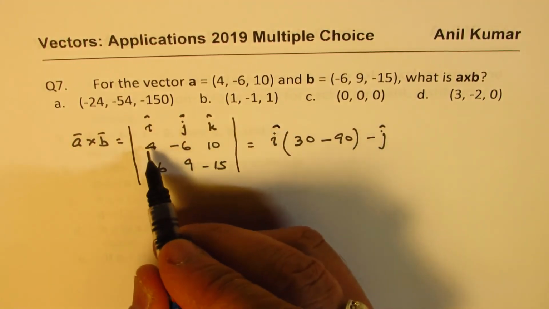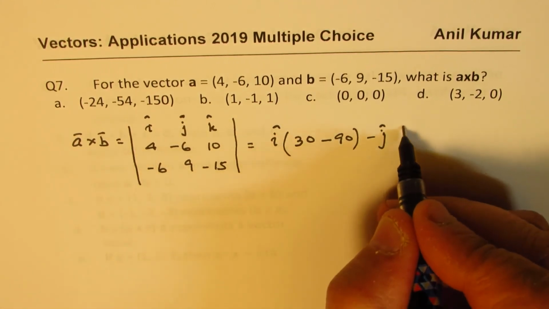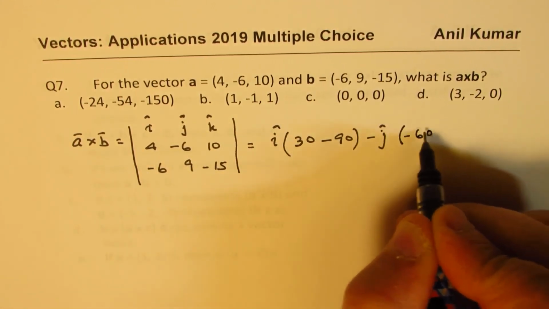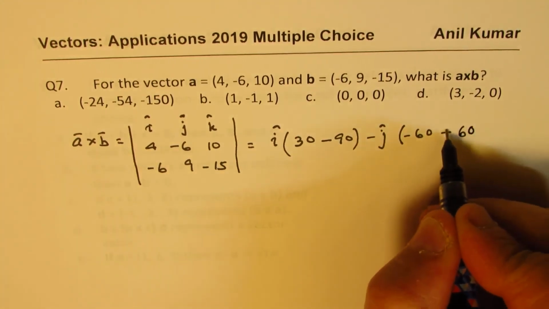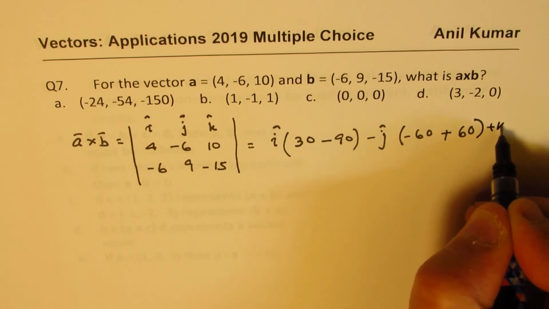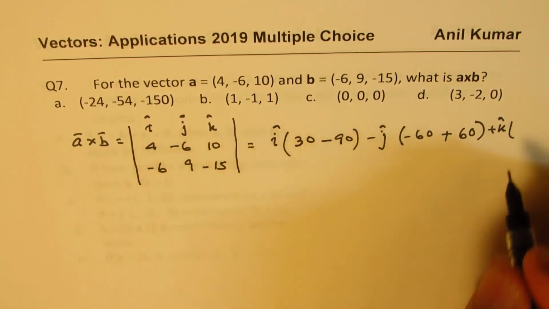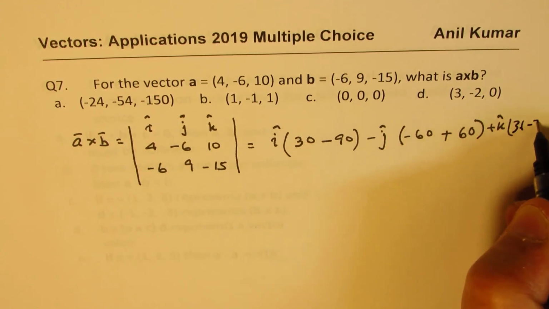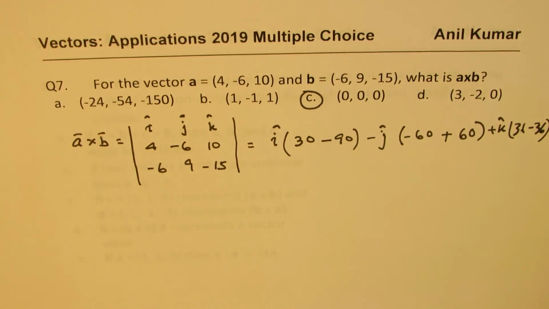Minus J, so 4 times 15, 60 with a negative sign, and that gives you negative of this, which is again 60 with a positive sign now. Plus K, which is 4 times 9, 36, minus 36. So that is 0, 0, 0. That is your vector, right? So that is your answer.